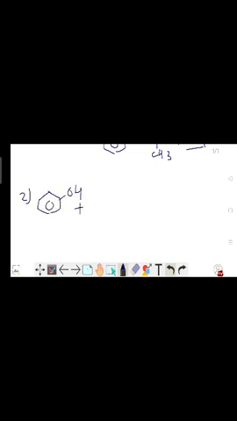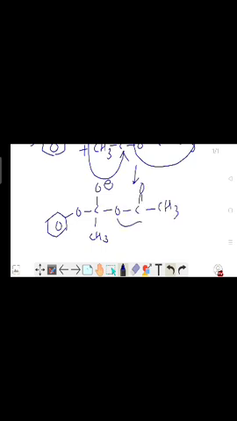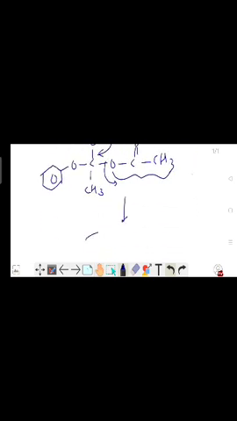Similarly, when phenol reacts with acidic anhydride, then it also produces ester, and for acidic anhydride, the acetate group acts as a leaving group, and similarly this lone pair attacks this carbon center and this carbon oxygen bond will break and it produces this intermediate, and here this acetate group acts as a leaving group and it is removed as acetate ion, and this produces again ester.